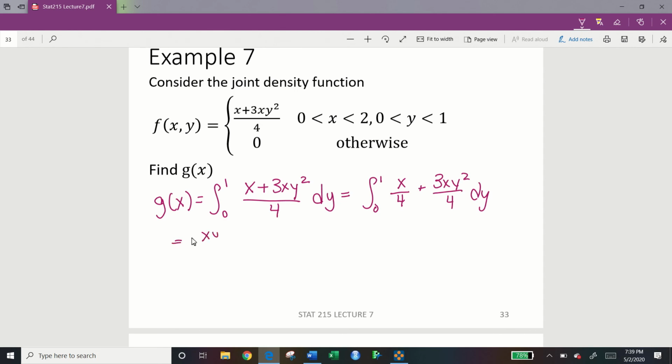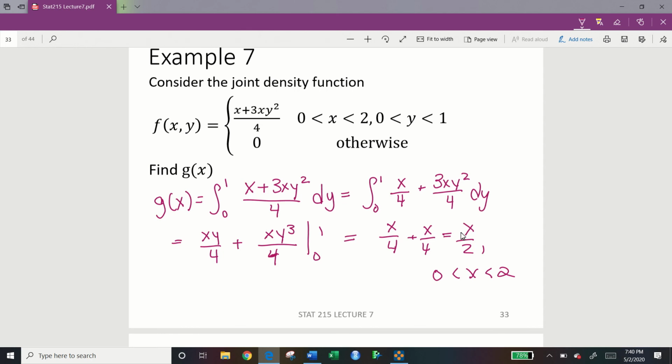So we'll have xy over 4 plus 3xy cubed over, whoops, nope, I'm going to take that back because that would be over 12, and I'm going to simplify it further and keep a common denominator of 4. And then you'll need to plug in from 0 to 1, so this will be x over 4 plus x over 4, which will equal x over 2 on the bounds of 0 less than x less than 2.